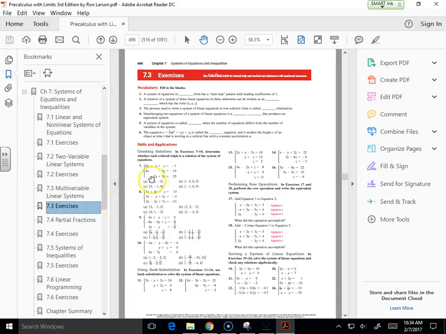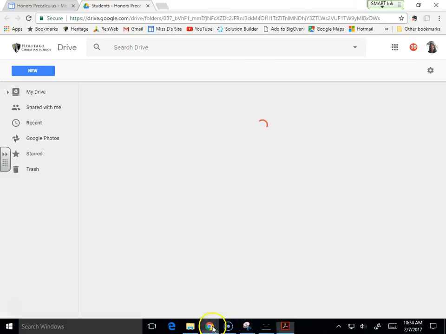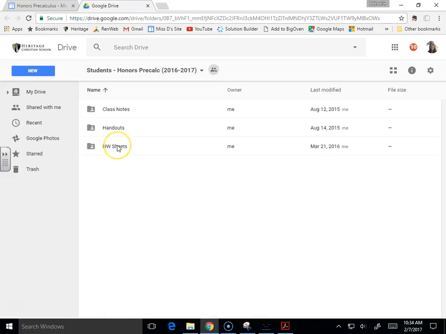No, 7.2 is its own assignment, and 7.3 has its own assignment. The computer's taking a long time. So if you haven't done 7.2 yet, then you might not want to write down 7.3 yet, unless someone has fully attempted 7.2 and wants to say how many pages they use. It's a front and back. Front and back? Okay.